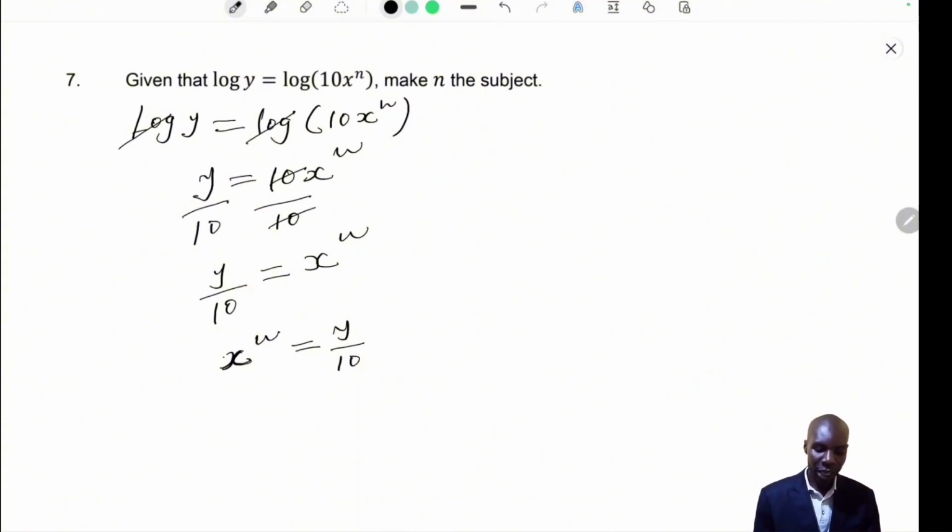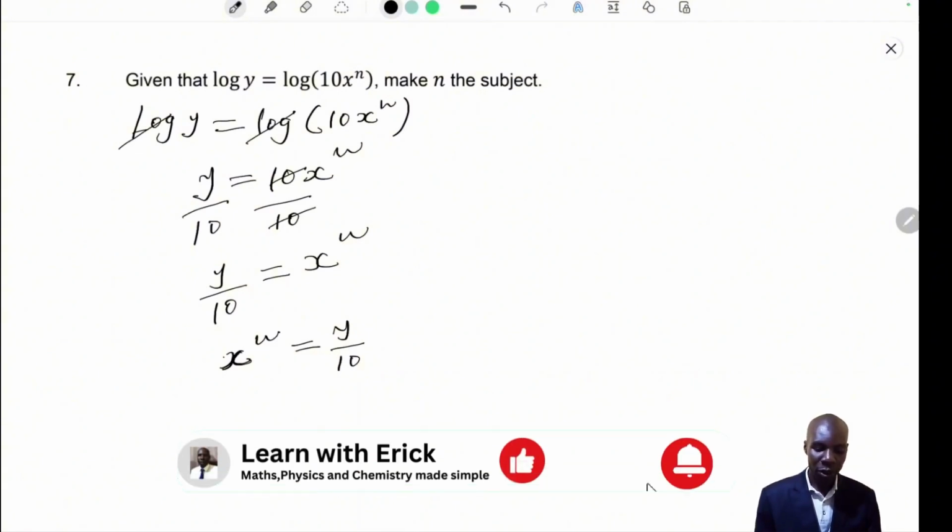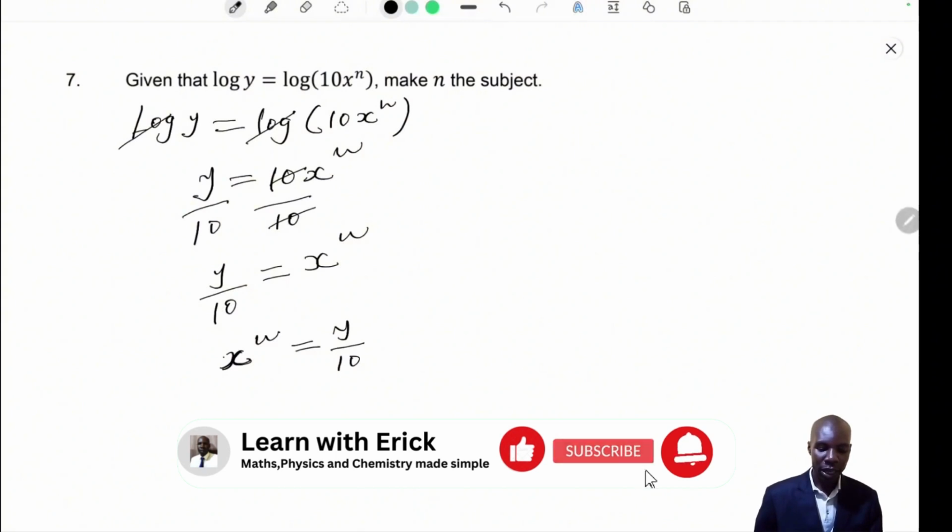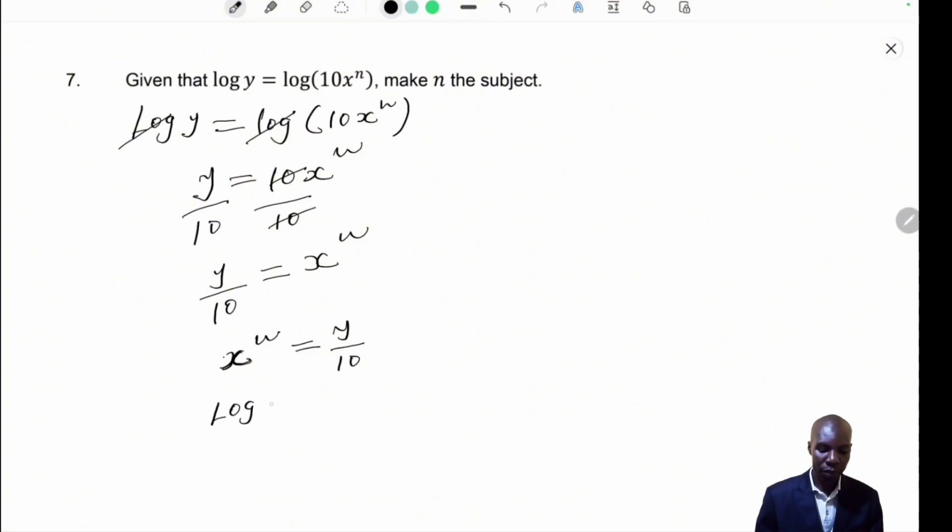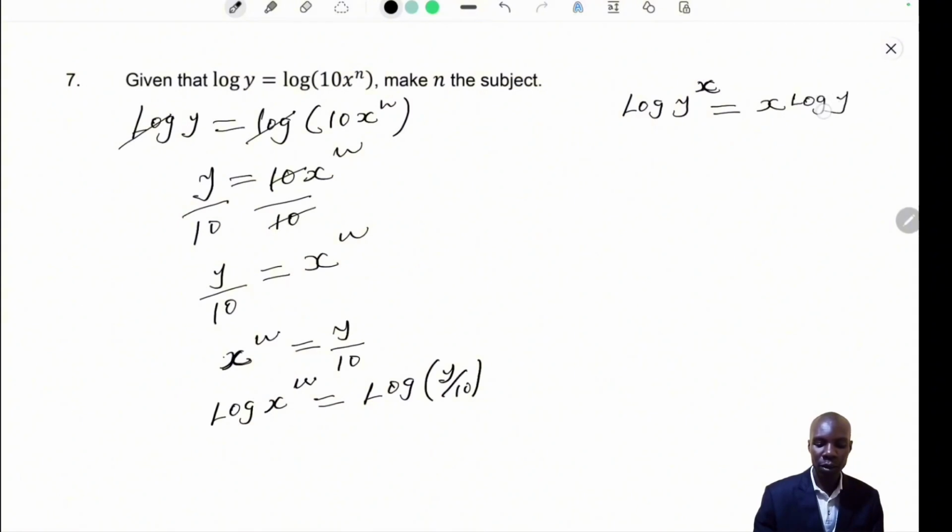So from here, we can reintroduce log on both sides and say log of x to the power n should be equal to log of y over 10. Then we must know that log of y to the power x can be written as x log of y.